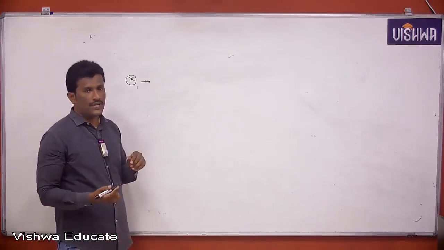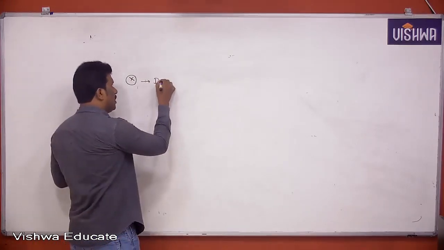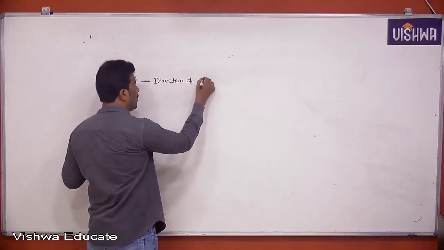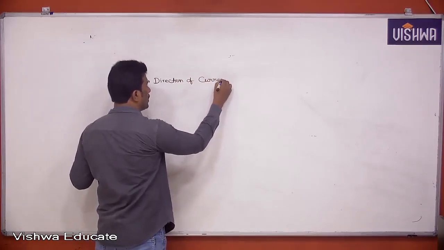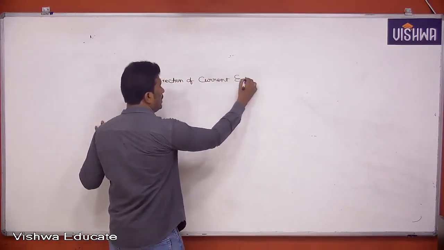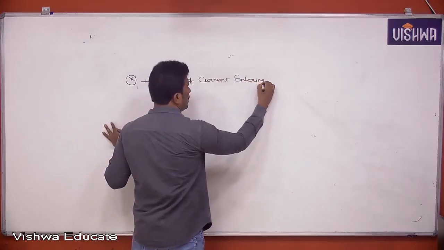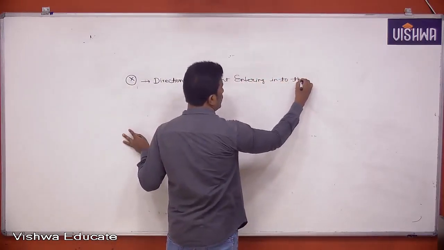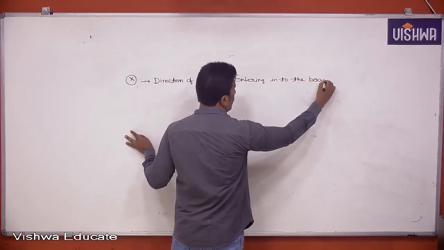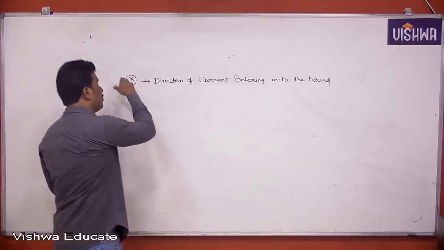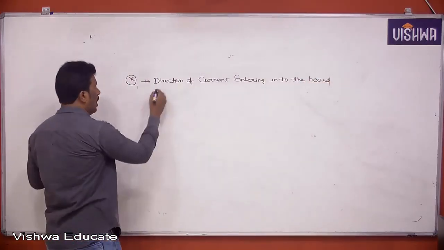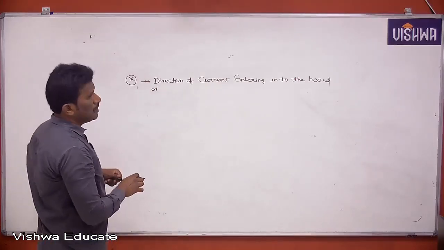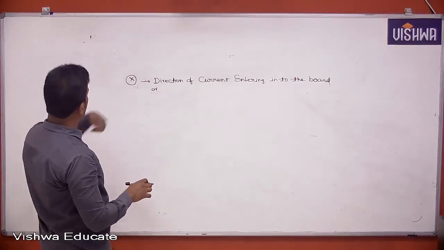Cross means direction of current entering into the board. See, if the current is going into the board, that means indirectly the direction of current is going away from the observer.